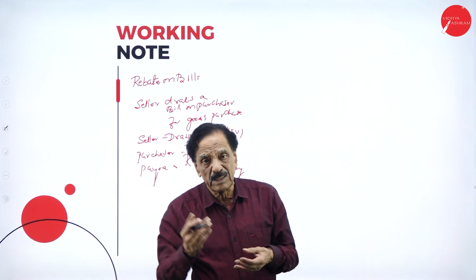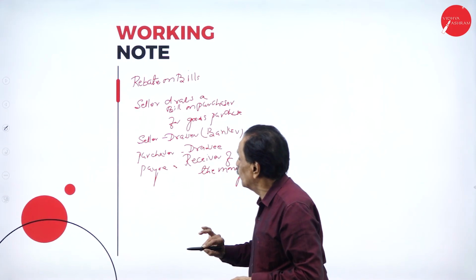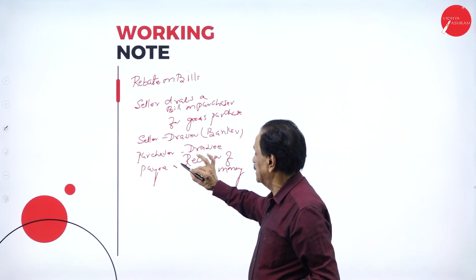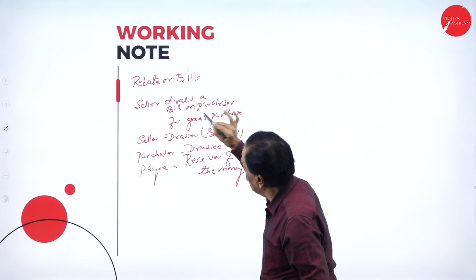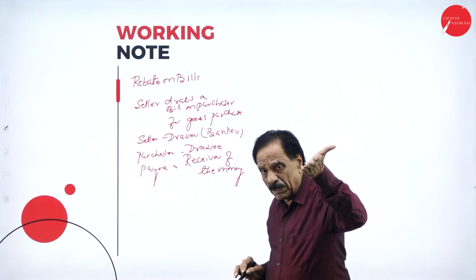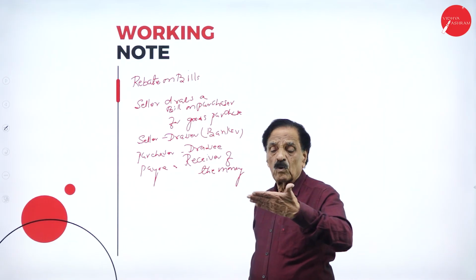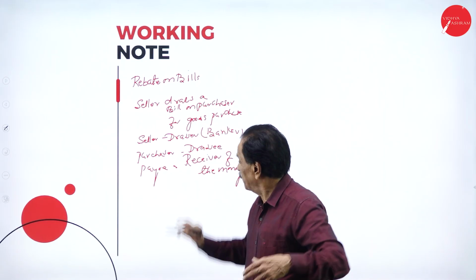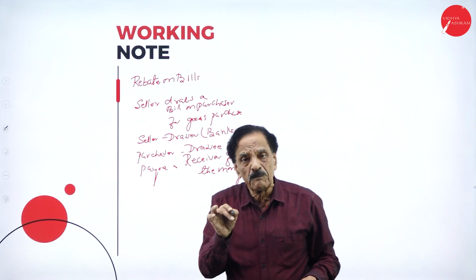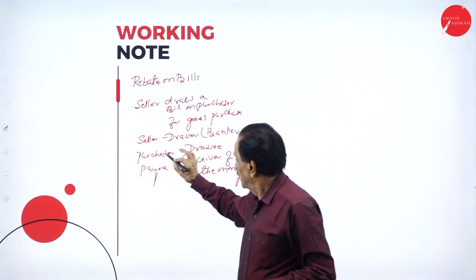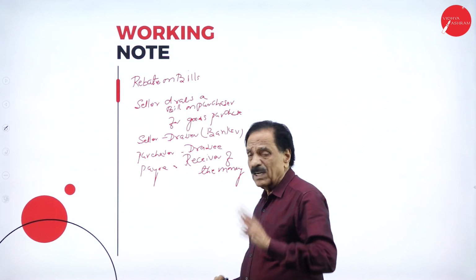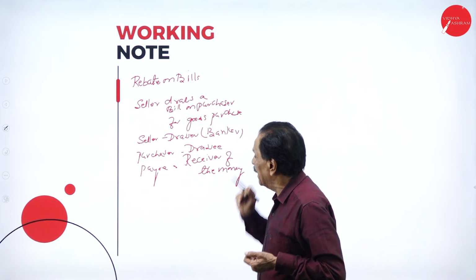If everything is accepted, he will write a bill. Who will write a bill? The seller writes the bill and gives it to the drawee. The drawee accepts it and gives it back to the drawer.